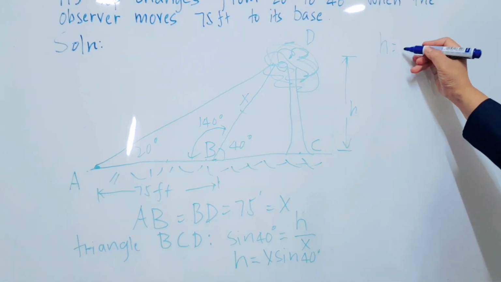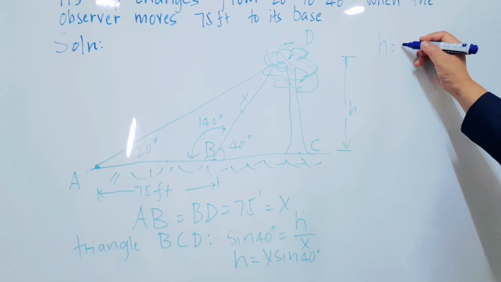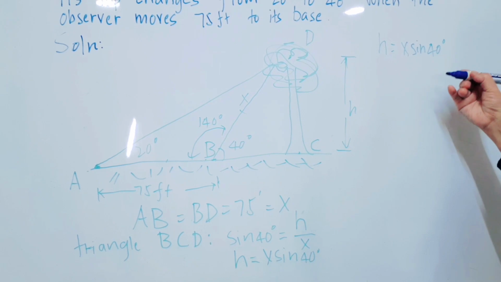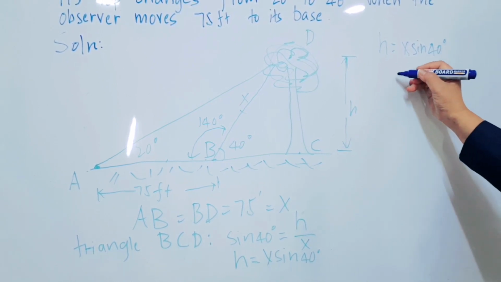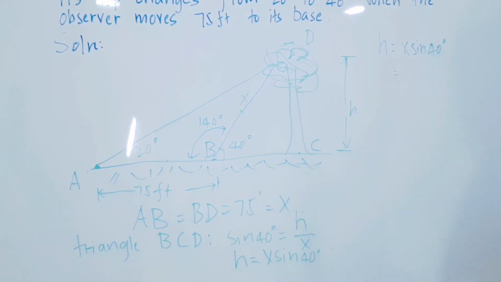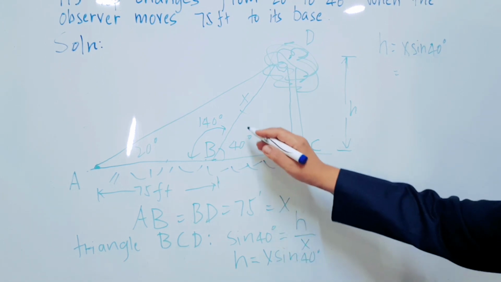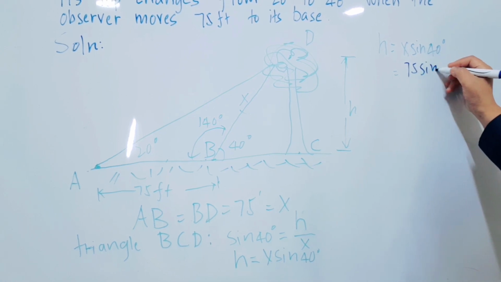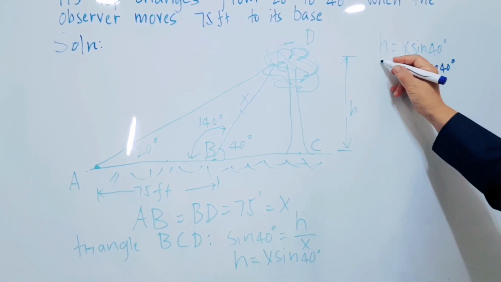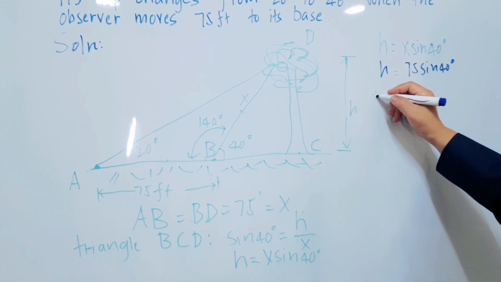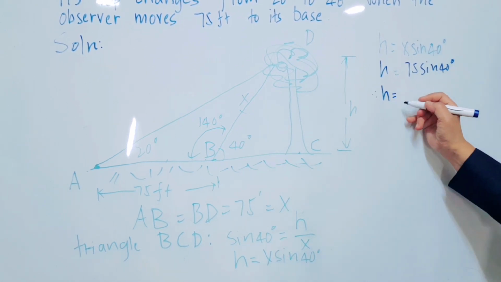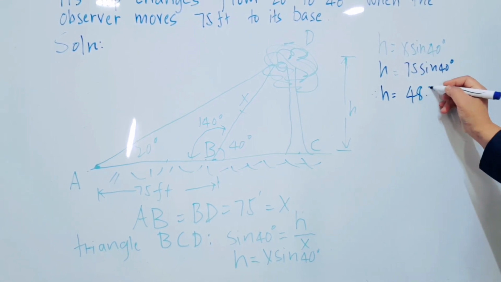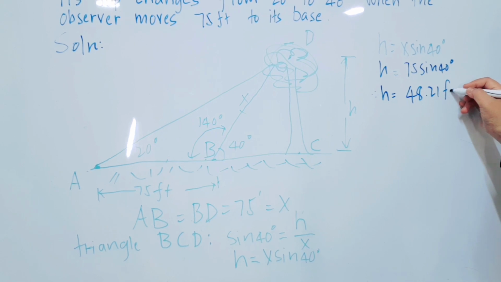The height of the tree therefore is equal to x sine of 40 degrees, so x is equal to 75 sine of 40 degrees. Therefore, the height of the tree is equal to 48.21 feet.